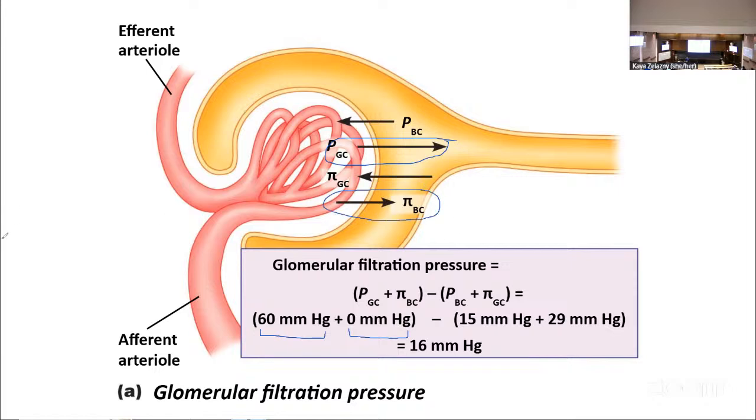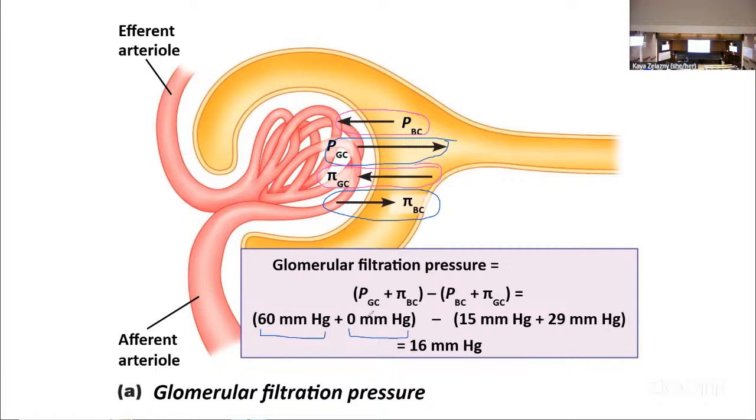And then we subtract away our opposing forces. So we have a little bit of opposition from the hydrostatic pressure that's building inside the capsule. And we have a fair bit more of a pull from proteins that are still in that capillary system.